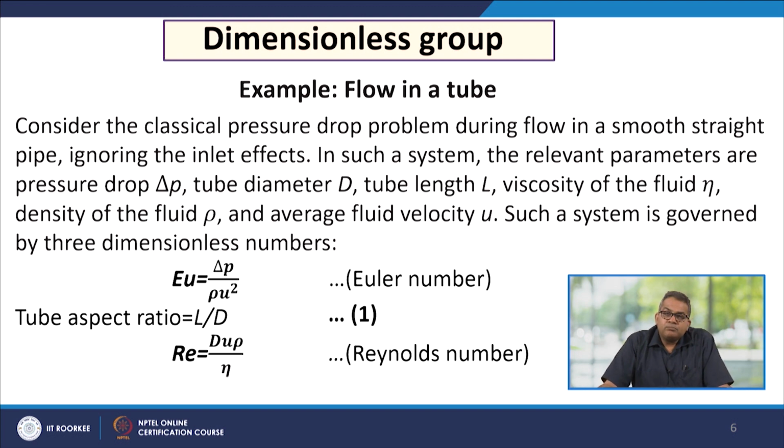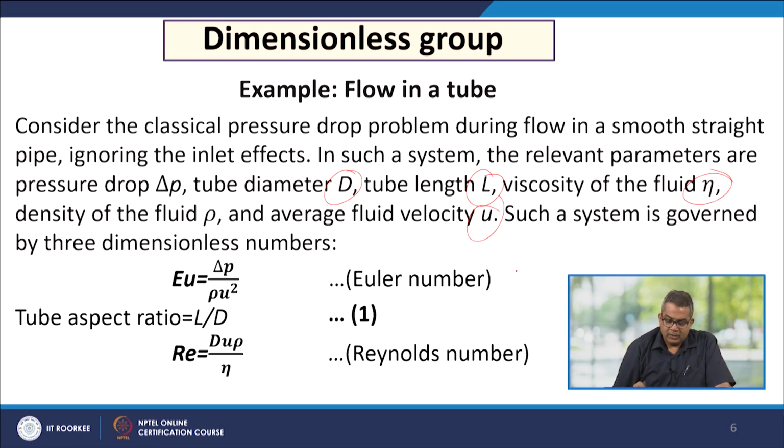During flow in a smooth straight pipe, we can ignore the inlet effects. In such a system, the relevant parameters are the pressure drop delta P, the tube diameter D, the tube length L, the viscosity of the fluid eta, the density of the fluid rho, and the average fluid velocity U. Now, such a system is governed by three dimensionless numbers.